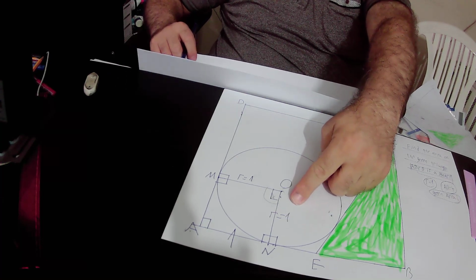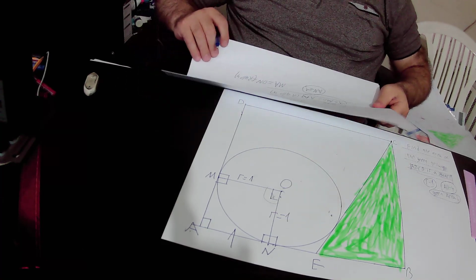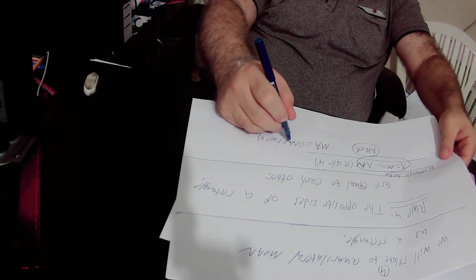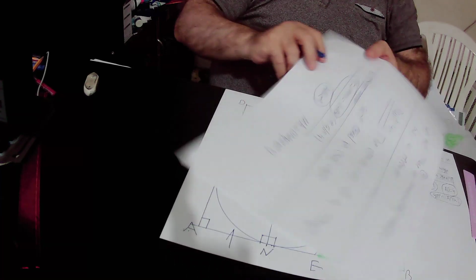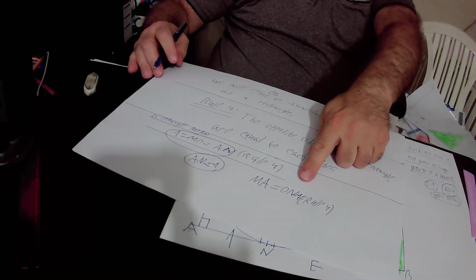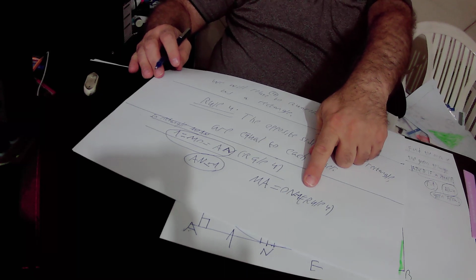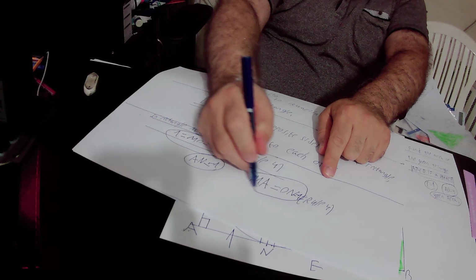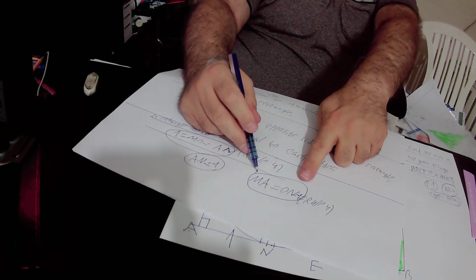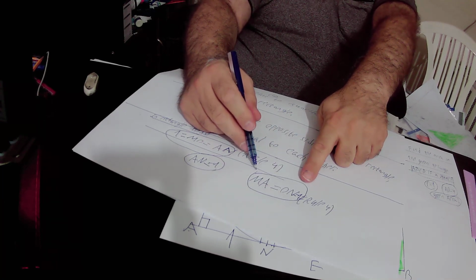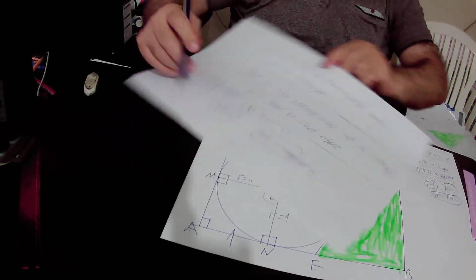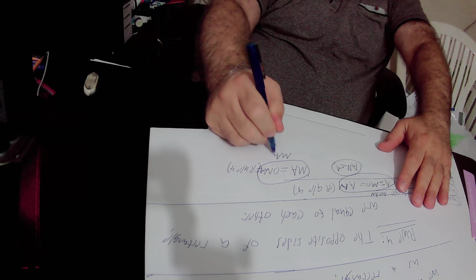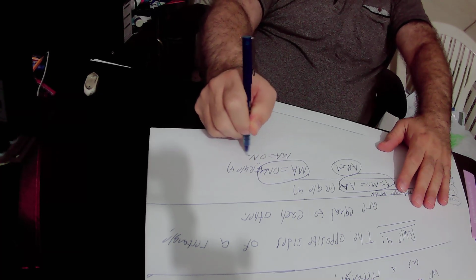It is the radius of the circle. ON equals 1 unit. From this equality, we will get that MA also equals 1 unit. We write it again: MA equals ON and it equals 1.